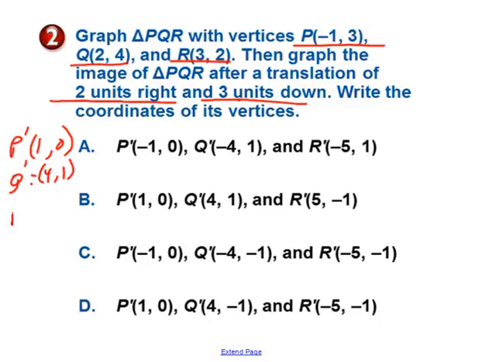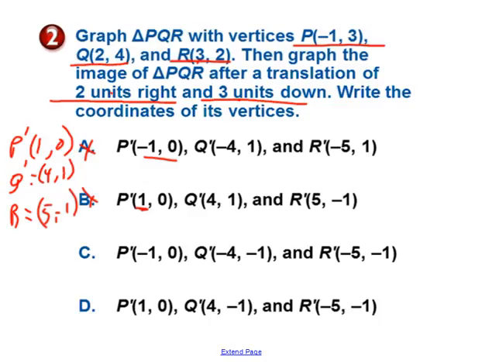And R would become 2 more units, so that'd be 5, and 3 units down, -1. So 5, -1. So 1, 0, 4, no, can't be A. Can it be B? Can't be B because this is +1 instead of negative.